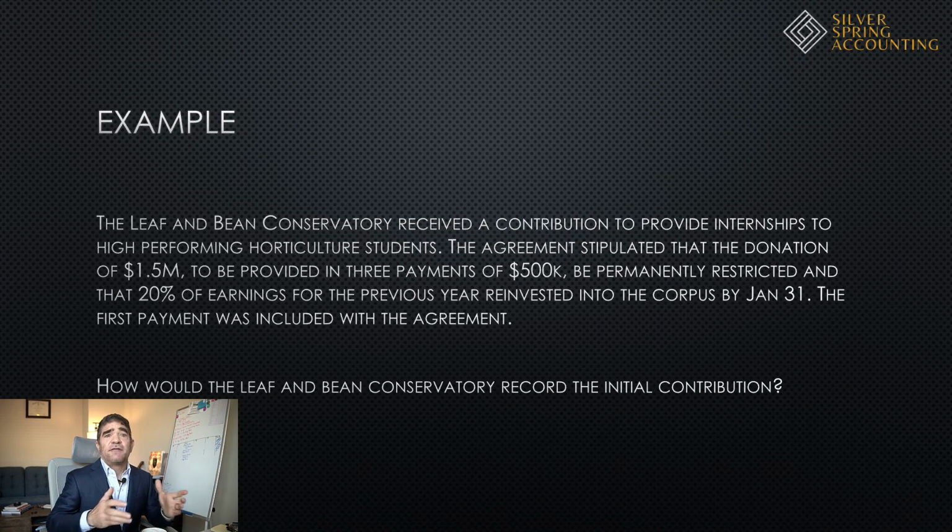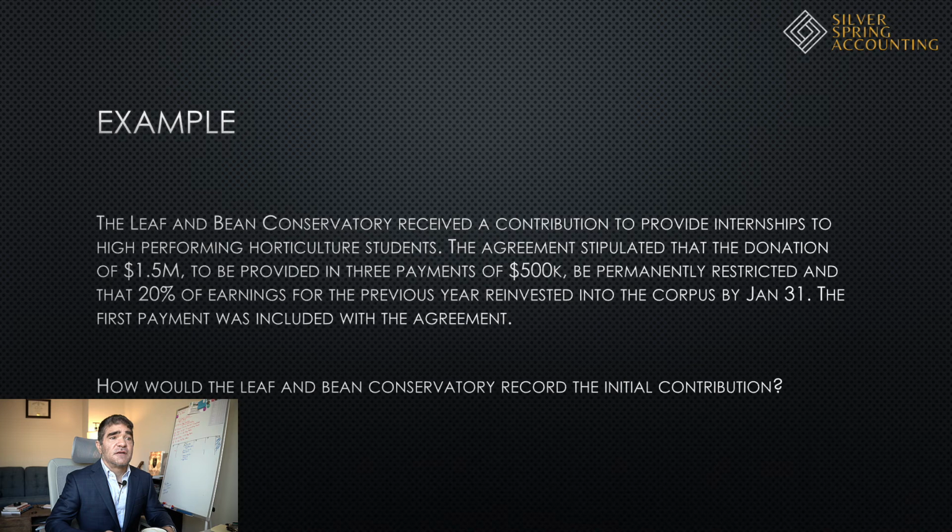As I've mentioned in previous presentations, I think an example is the best way to look at most things. So let's look at an example. The Leaf and Bean Conservatory received a contribution to provide internships to high-performing horticulture students.